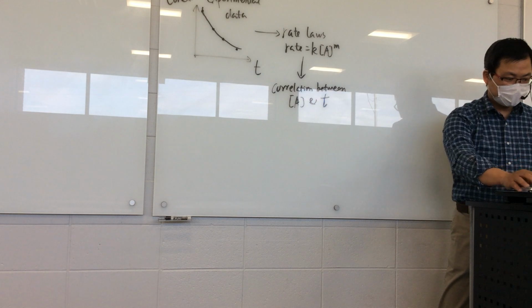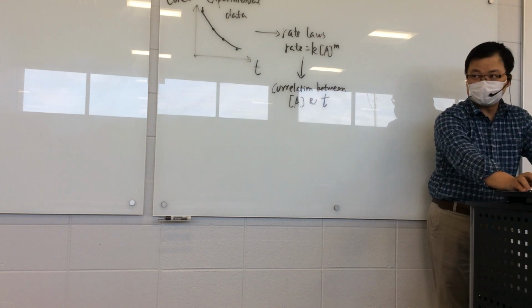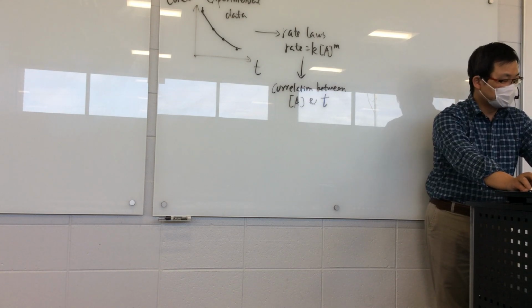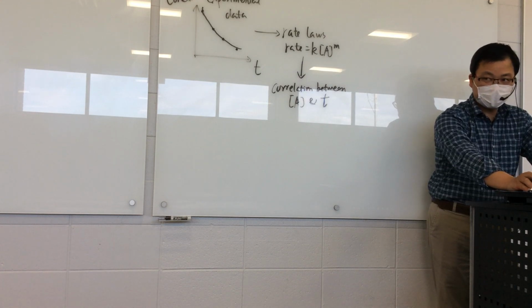And then here we give one example. This reaction is a first order reaction, even though there's a coefficient 2 here. It's still first order reaction. And then, as you can see, we make a plot of the natural log of concentration of hydrogen peroxide versus time.